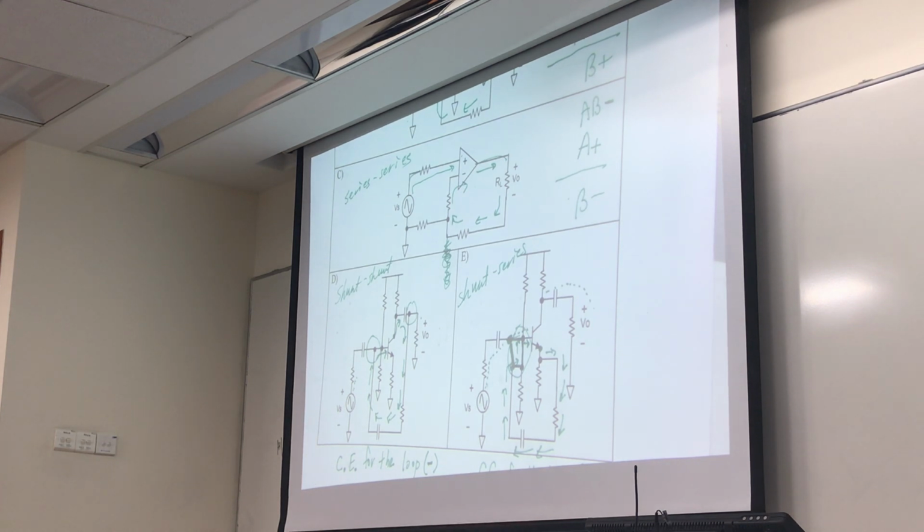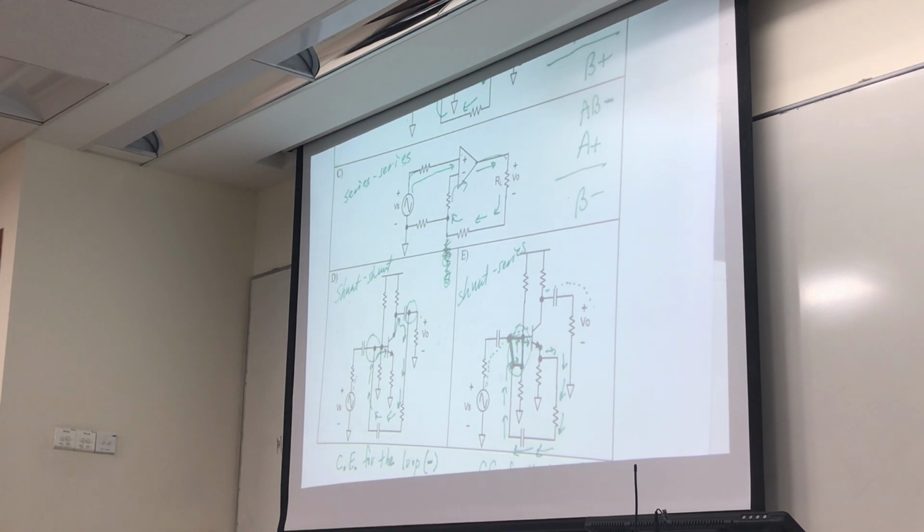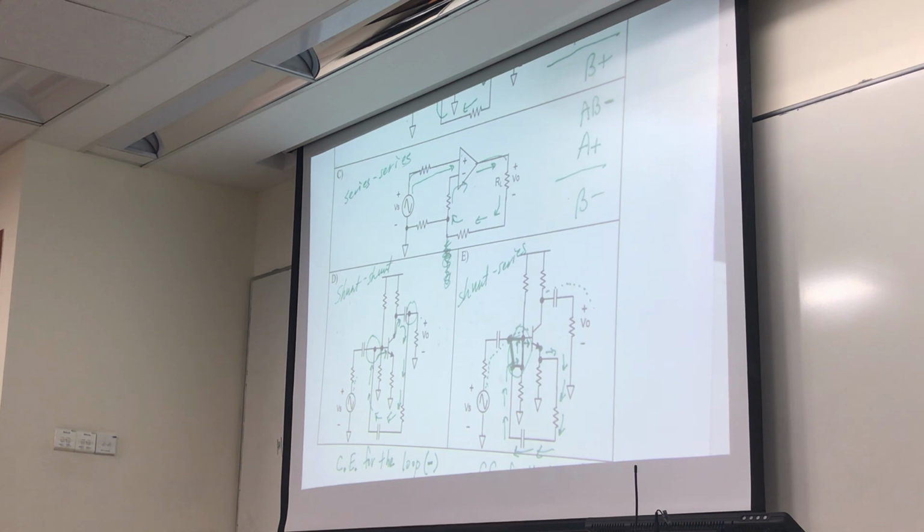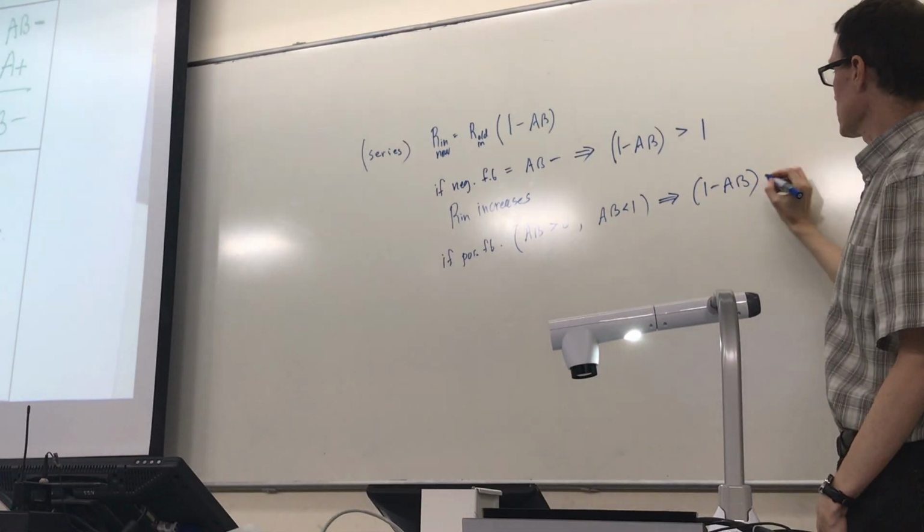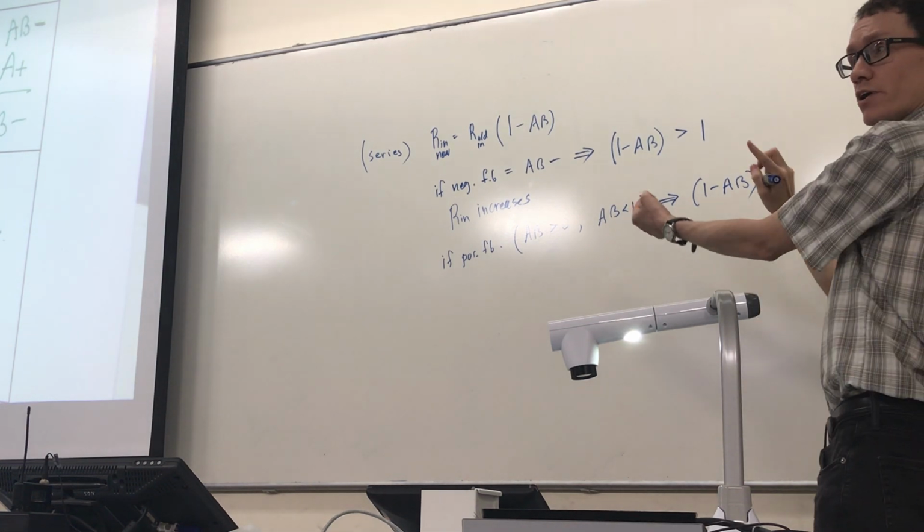But let's just think about the case where you have positive feedback. Of course, if you have too much positive feedback, the thing will turn into an oscillator, right? Then it doesn't so much make sense anymore. But if you have positive feedback and A beta is greater than 0, however, it's less than 1. Of course, if it's 1, you'll get an oscillator. But if you're here, what's going to happen? Well, then 1 minus A beta is now less than 1, and it'll have the opposite effect.